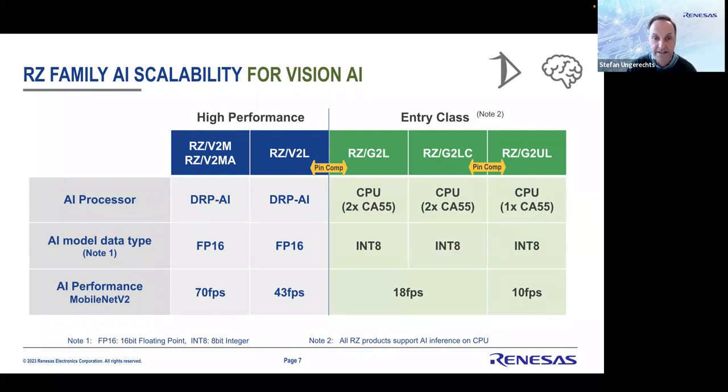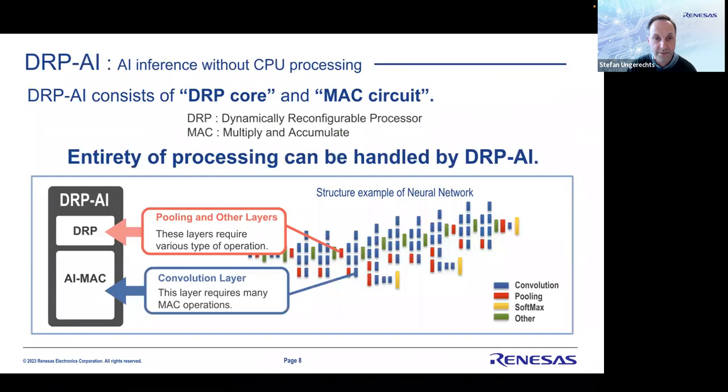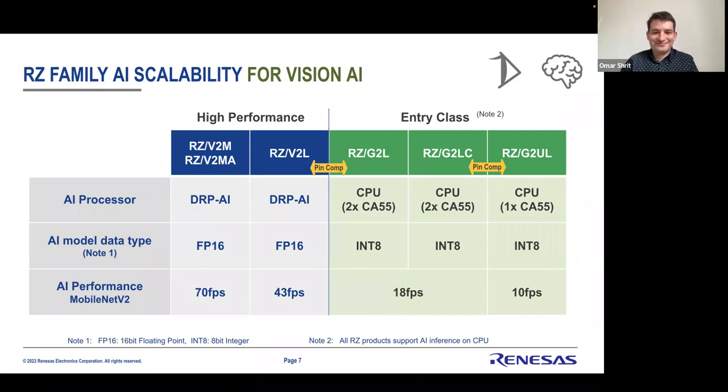And due to the accelerator, the DRP-AI, with floating point 16 arithmetics, we achieve 43 frames per second in V2L. V2M is a bit faster. It has a higher frequency for the DRP-AI and a bit higher bandwidth, so we achieve 70 frames per second for MobileNet V2.